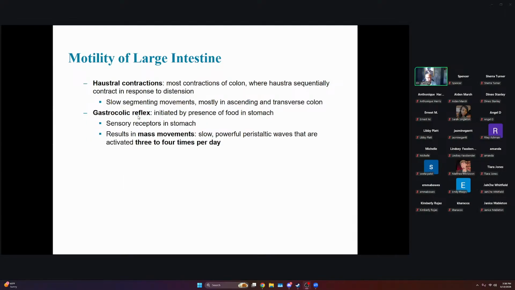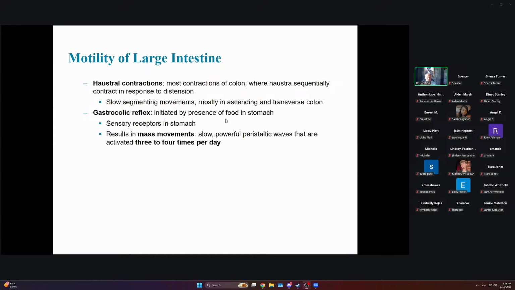And this is that same intrinsic nervous system, the gut brain, that I talked about a couple of times now. Gastro meaning stomach in this case, colic meaning colon. Okay, this is that connection, the nervous system within the digestive system where one part can talk to another. And it's the exact same example that I've used for you guys previously.